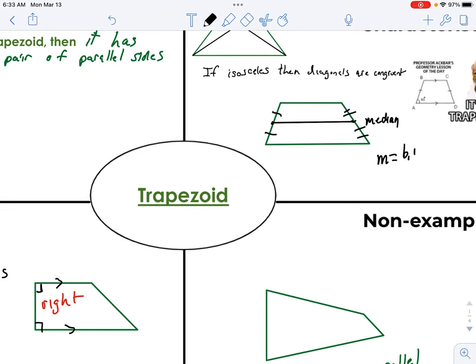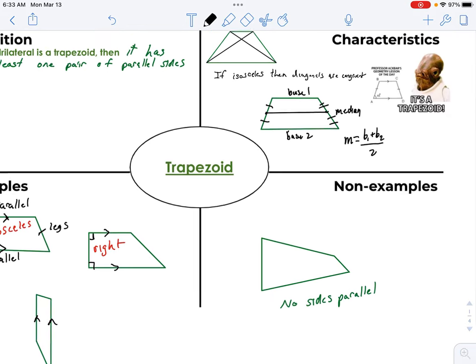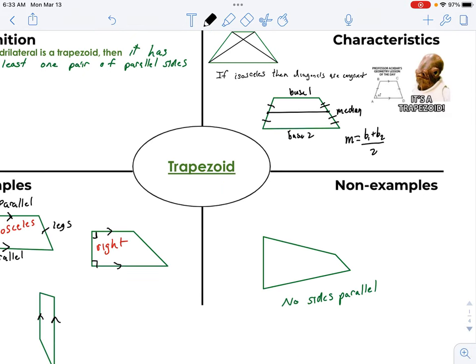It's going to equal base plus base divided by 2. All right, this will be important as we find the area of a trapezoid, where if this is base 1, base 2, we can find the medians of those.